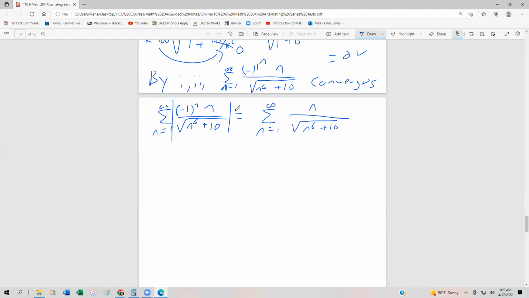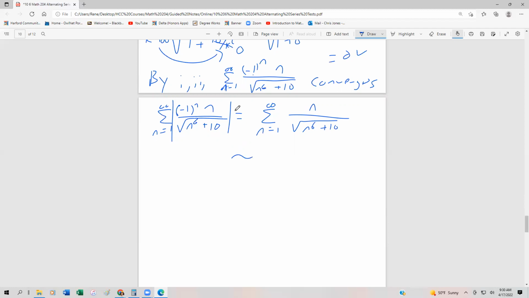Now, to determine convergence or divergence of this series, we can't use an integral test, because if u is n to the 6 plus 10, that gives us 6n to the 5th as the derivative. This one looks like a prime candidate for a comparison test.